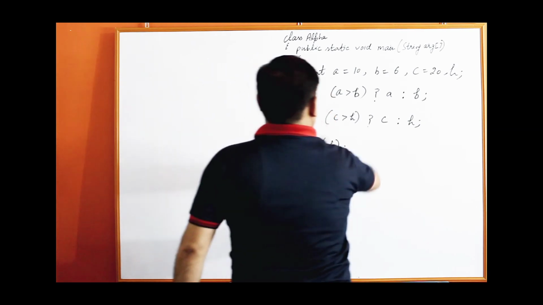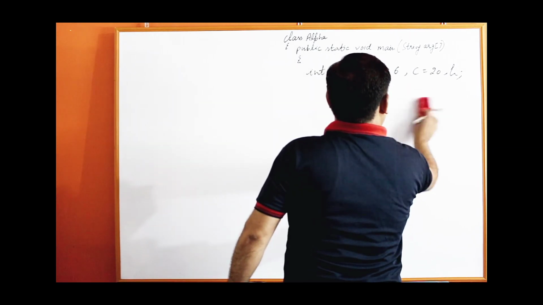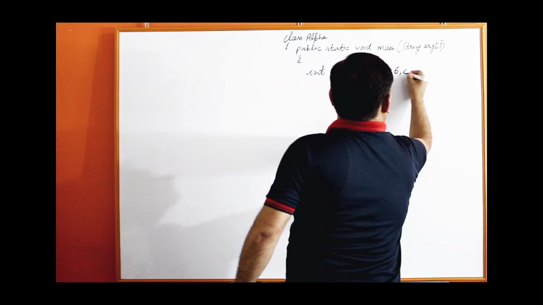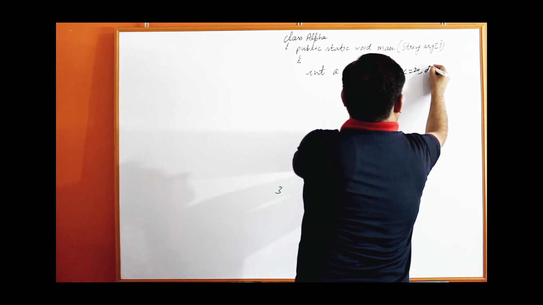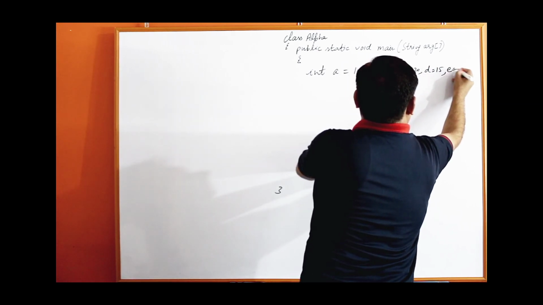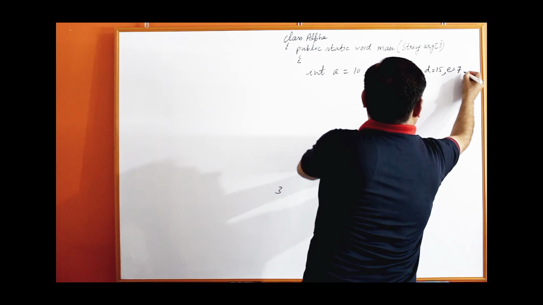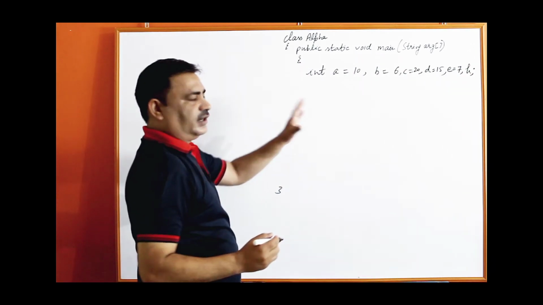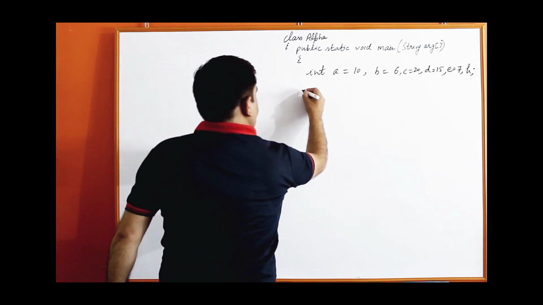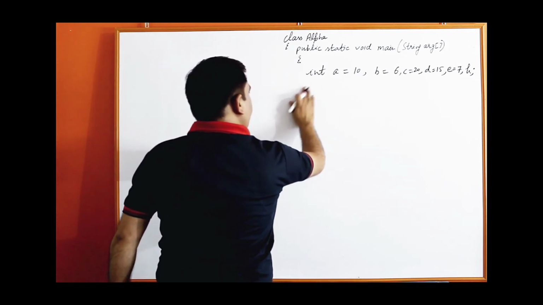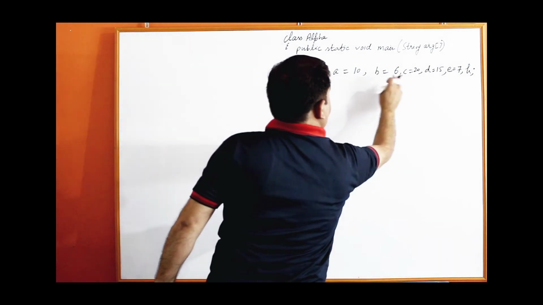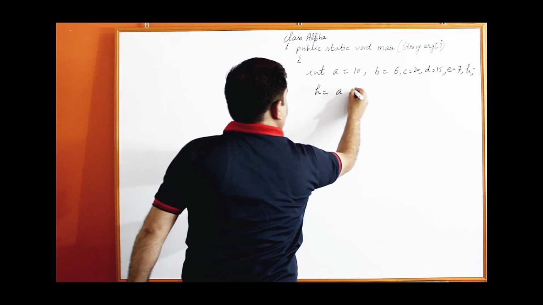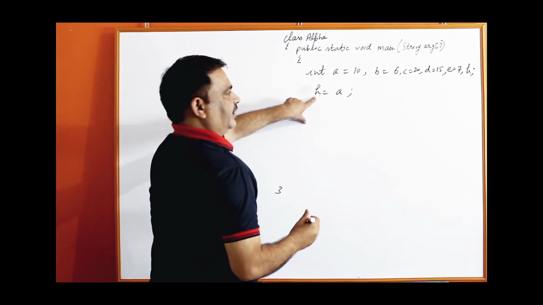Now the same program using if condition. Suppose we have 5 numbers A, B, C, D, E. Take a new variable H and, using if conditions, find the greatest out of 5 numbers. First of all, store any one out of these 5, A, B, C, D, E, in H. I am storing A, so H will become 10.